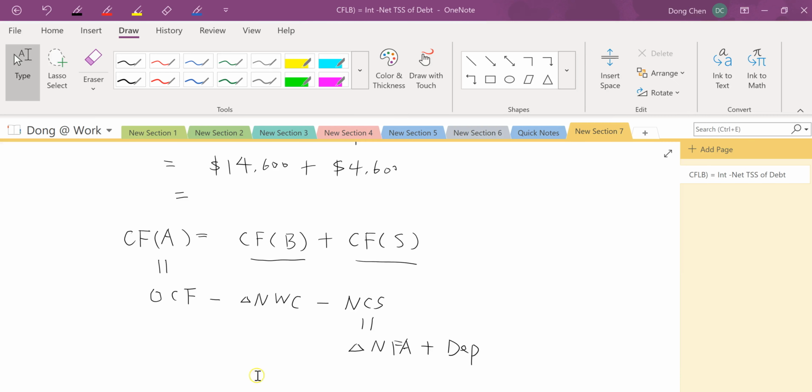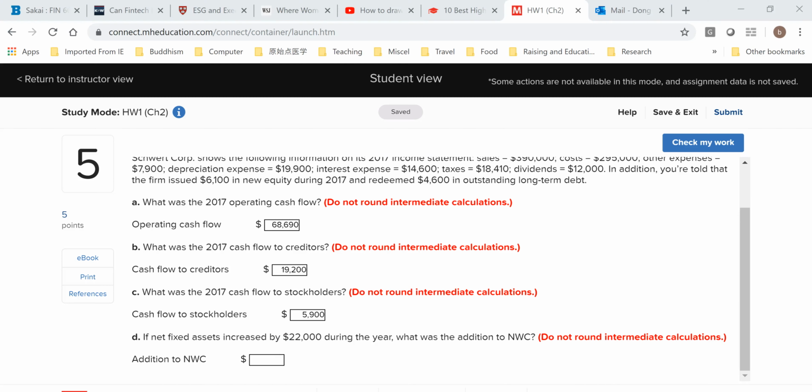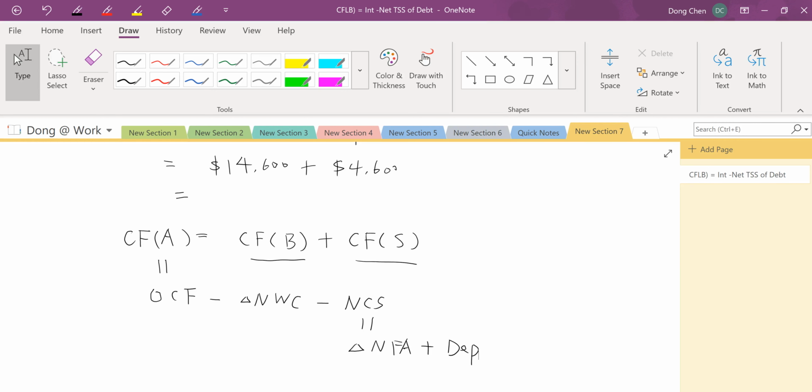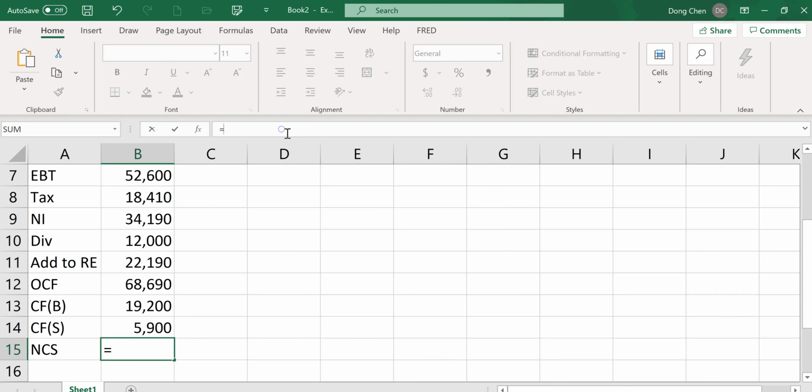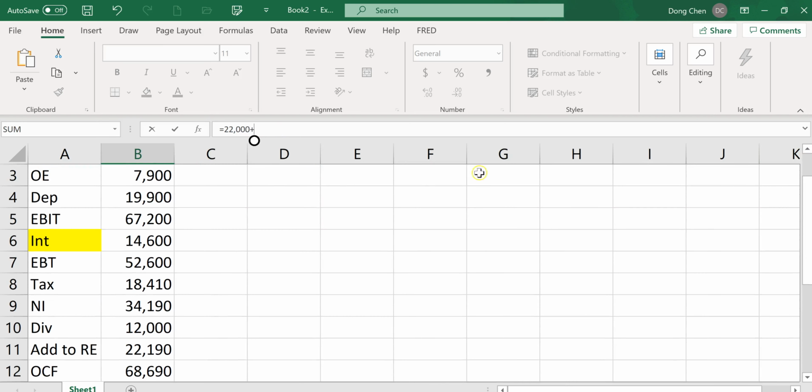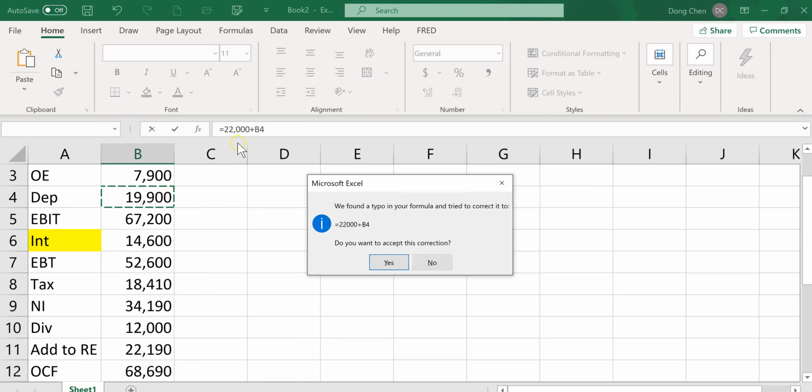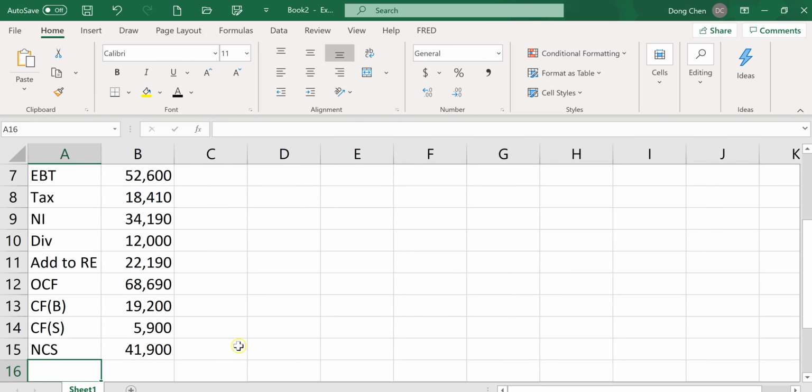Again, this equals the change in net fixed assets plus depreciation. So the change in net fixed assets is right here, $22,000. And then we can just copy that number back, and then we add the depreciation expense. So it's right here. Because I have the comma sign, that's why Excel asks for auto correction. So I accept that.